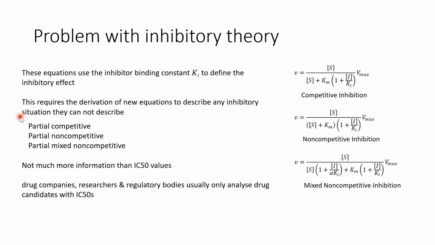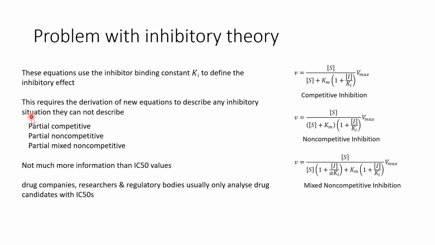So if you're talking about non-competitive, it binds somewhere, but the substrate still can interact with the active site, but it's just reduced in its affinity for doing that, or the rate at which it gets cleaved or transformed from substrate to product is reduced. So to deal with this, more reaction schemes have been generated, and there's been the production of more equations.